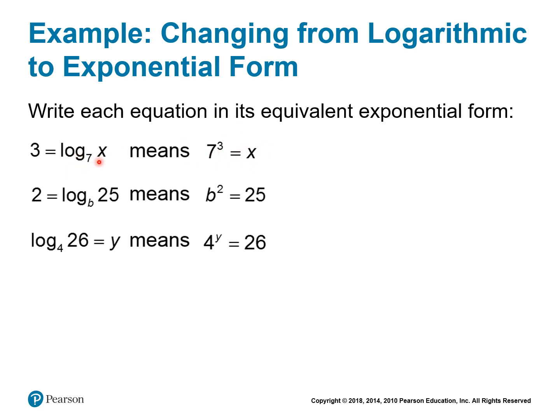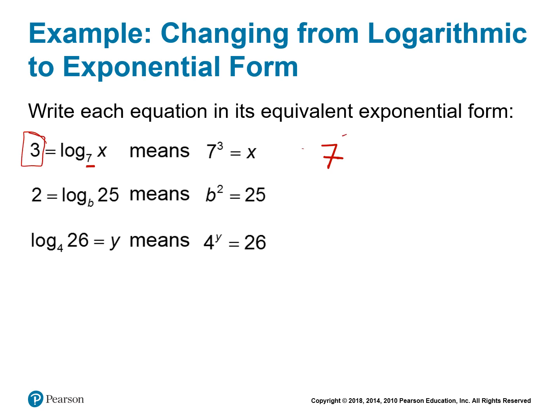All right. So the base is whatever the subscript is of the word log, correct? So what we do here is we take the base, which in this case is 7, and we know that the exponent is on the other side of the equal sign.